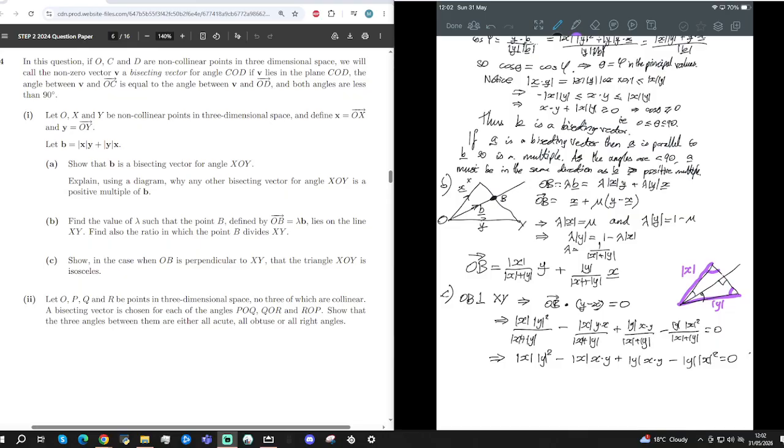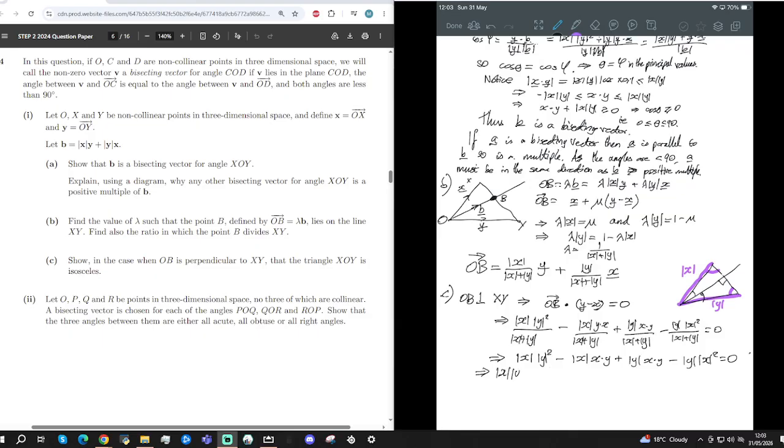I don't quite have a dot with x in every term. I don't have a dot with x in this first term. I don't have a common factor of anything. I could expand out the x dot y. Is expanding out the x dot y as mod x mod y cos angle going to be useful? Potentially. Yeah, there looks like a lot of stuff will then cancel out if I do that.